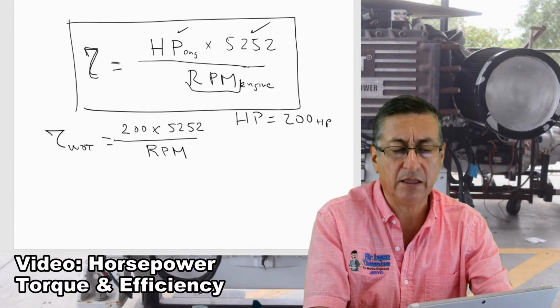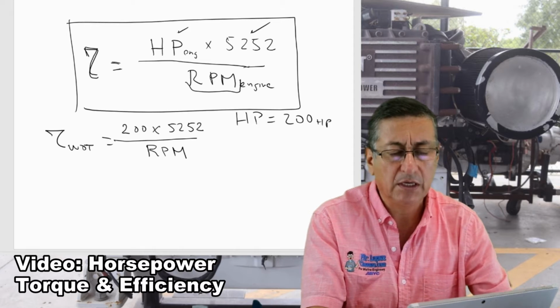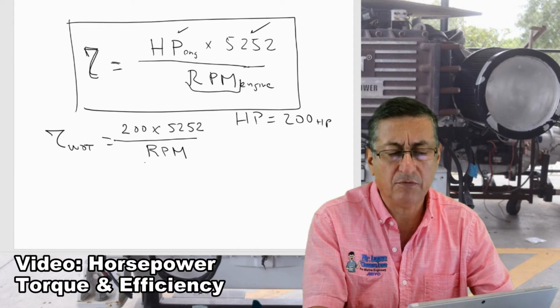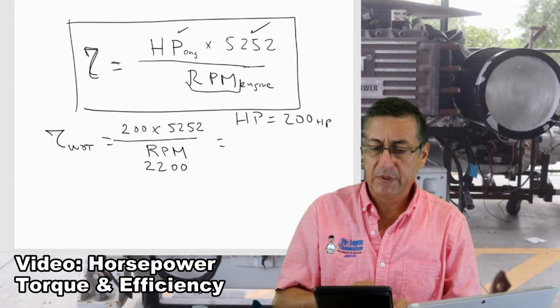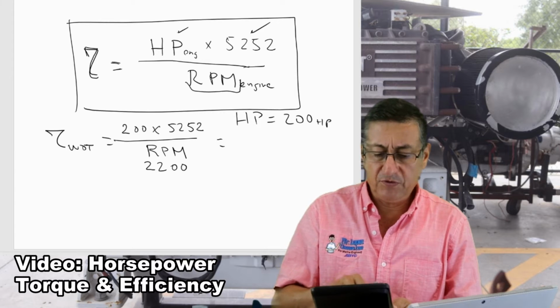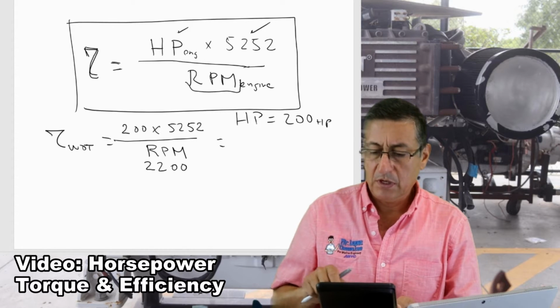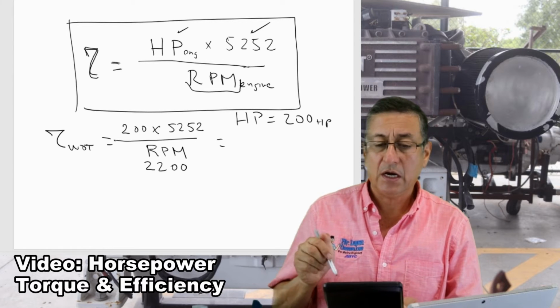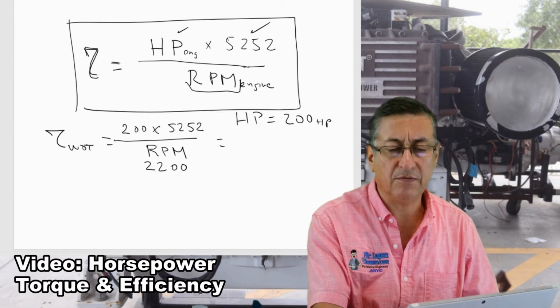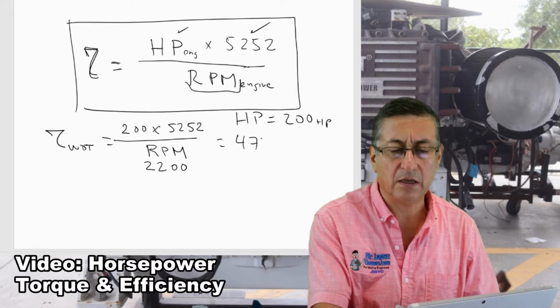How much are the maximum RPMs? The maximum RPMs are, for example, 2200. How much is the torque at that point? It is 200 times 52 divided by 2200. This is 477.45 Newton meters.